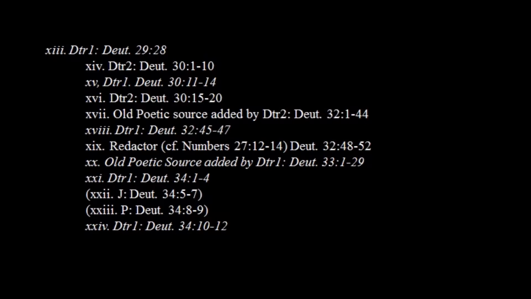So this is Parshat Hazinu, but if you take a look at the end of the chapter, which is not part of the poem, you'll see from verses 48 through 52, this seems to be the redaction, the final redactor, in order to bring it into line with the narrative at the end of the book of Numbers.